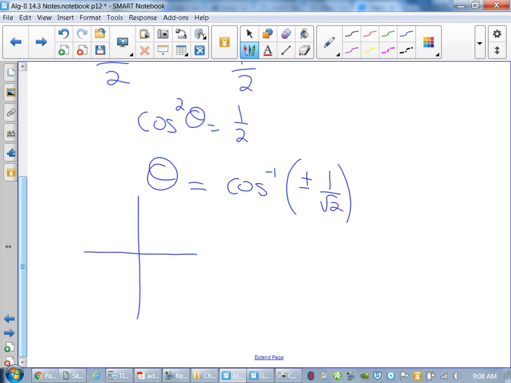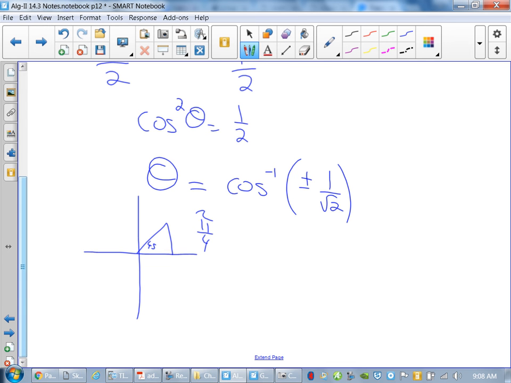It's the 45, isn't it? So my 45 is pi over 4, and since it's plus minus, that means it's every single one of them.